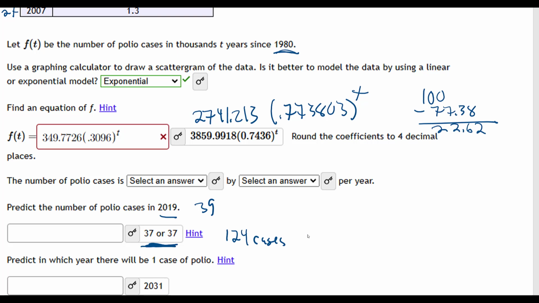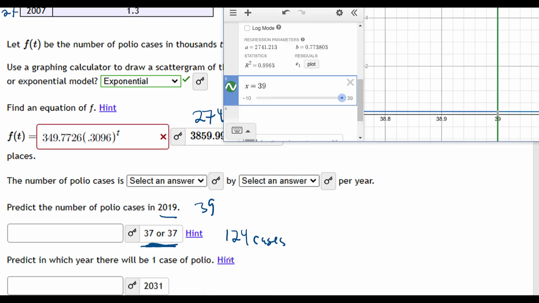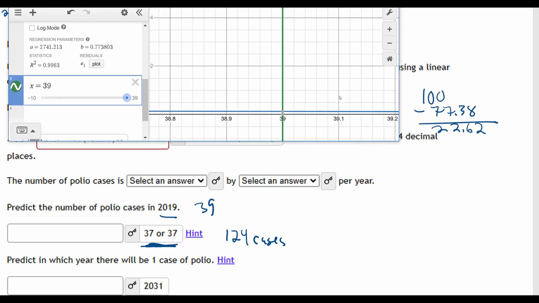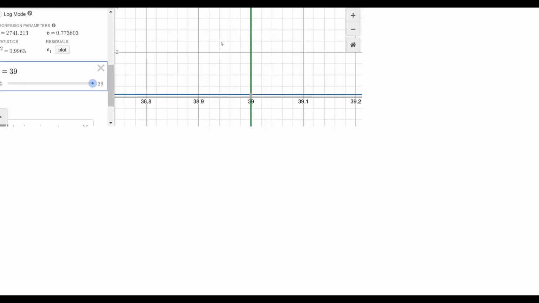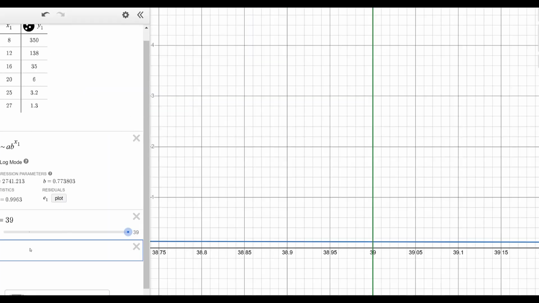And then what year would there be one case? Again, let's go back to the graph. And hope there's nothing sensitive in the other screens when you see how it's up there. So what I'm going to do, make this bigger, and then I'm going to do y equals 1. And see where it crosses the graph.